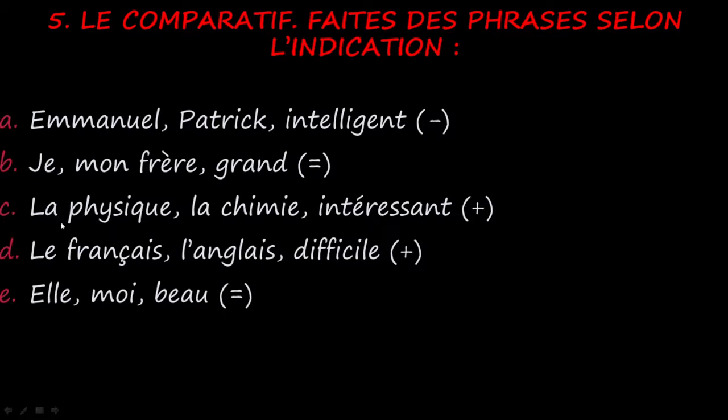La physique est plus intéressante. We'll be adding an e. Then que la chimie. Okay, voilà. So the next one, D. Le français, l'anglais difficile plus. Which means the French is more difficult than English.